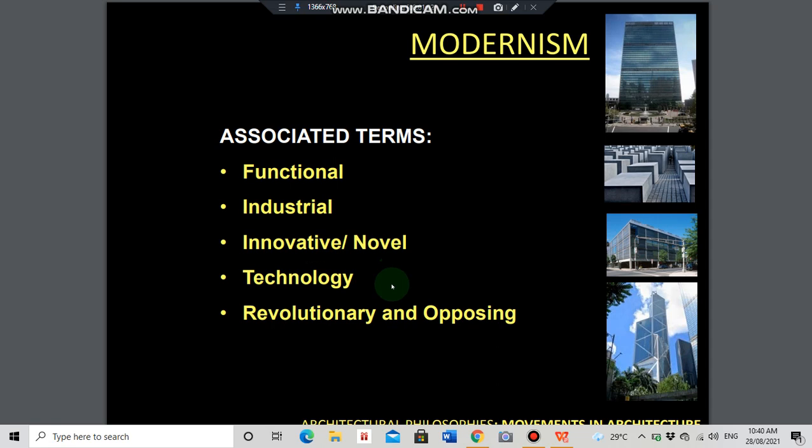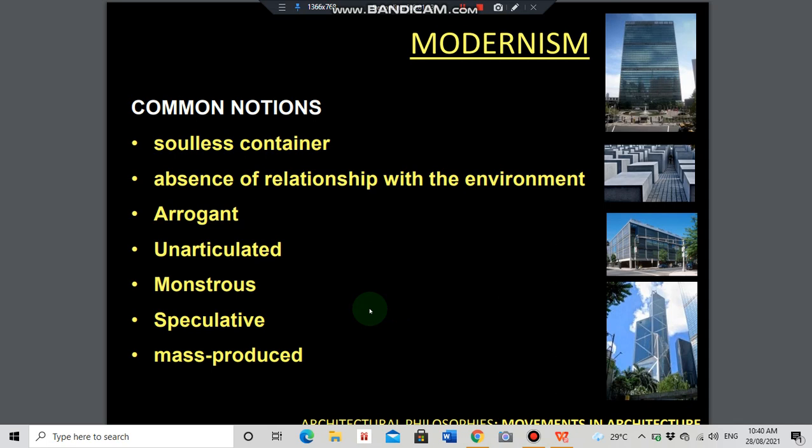So, futuristic yung design, or made of different forms. Then, technology, of course. Modernism is equipped with technology. Then, revolutionary, fossil. Common notions of the modernism: the soulless container.